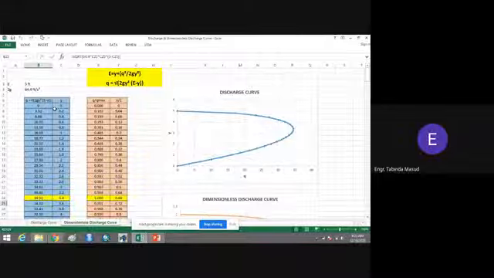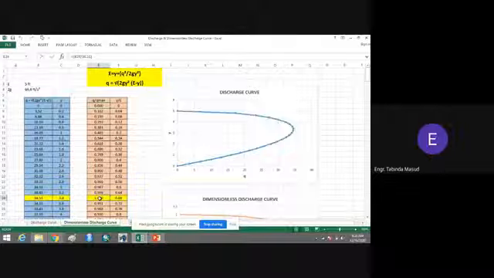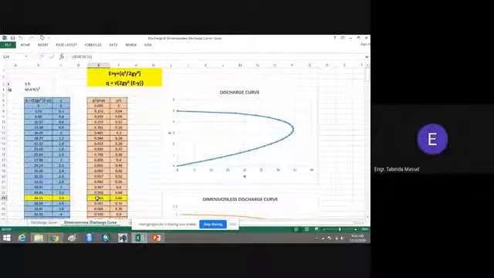I have divided all the values in this column by the maximum value of the unit discharge, and I have got these values. You can see the formula here: B7 divided by 34.51. That's why I have got the value 1 here, because 34.51 is divided by 34.51.